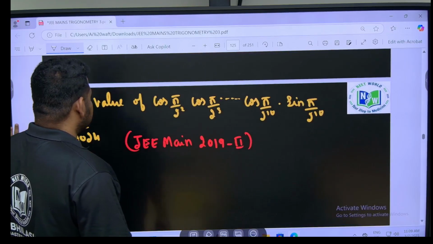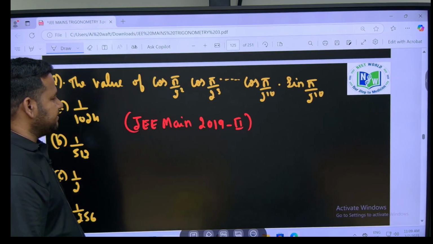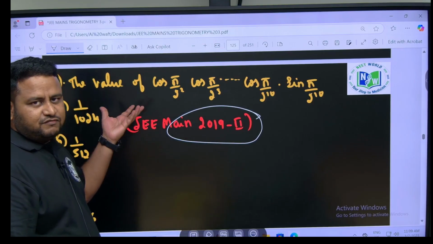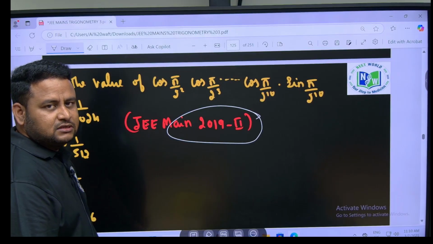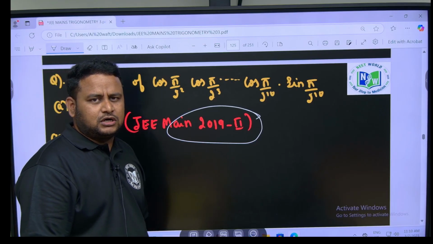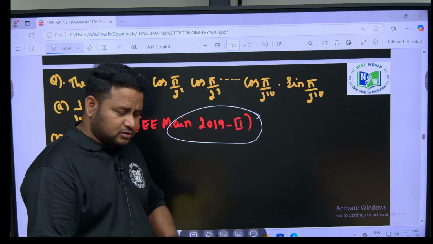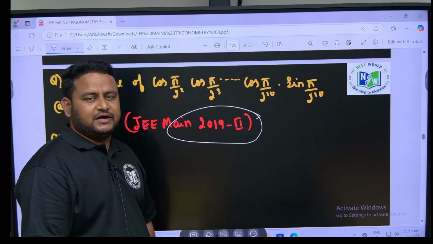Next one. The value of this was asked in JEE Main 2019. This is in the form of a geometric progression, for which you learned the third formula, that is cos theta, cos 2 theta, cos 2 square theta up to cos 2 to the power of n minus 1 into theta is equal to sin 2 to the power of n theta divided by 2 to the power of n into sin theta.